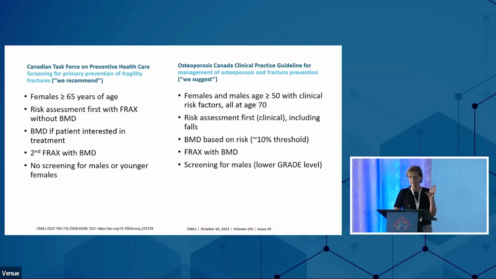However, they do say that if people have had fractures, then obviously secondary prevention strategies should be incorporated. So this is what the Canadian Task Force says. I've told you what we suggest. And we know that for males, it is a lower grade level because the data are not as strong.